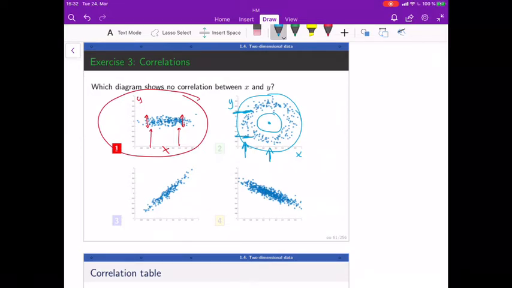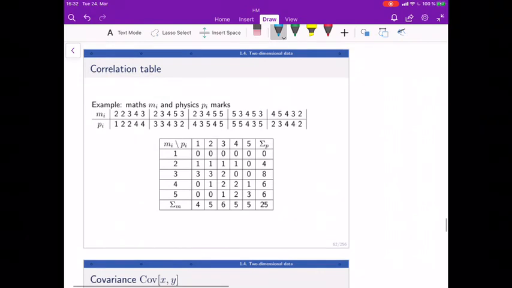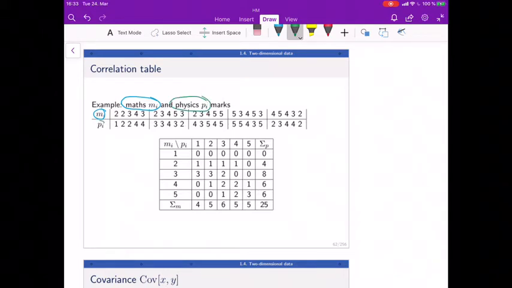Okay, we can do the same thing that I've done here with the graphs and data points, just with a simple table. So think of students in a class and they sit a maths exam in blue and a physics exam in green, and then you compare the marks.